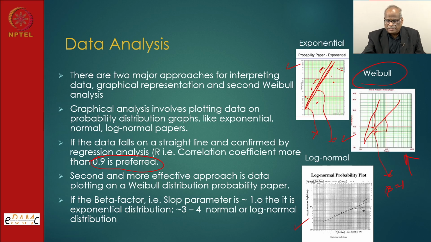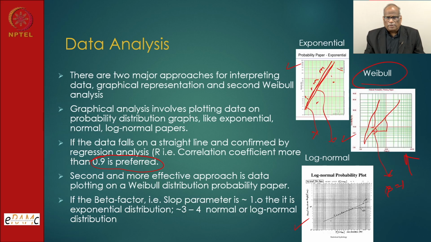Regression analysis forms you can see anywhere in the open domain. I have data and I have plotted it on a graph, and then finally I am trying to give the coefficient of correlation, and if that is 0.9, that means the line represents the data.